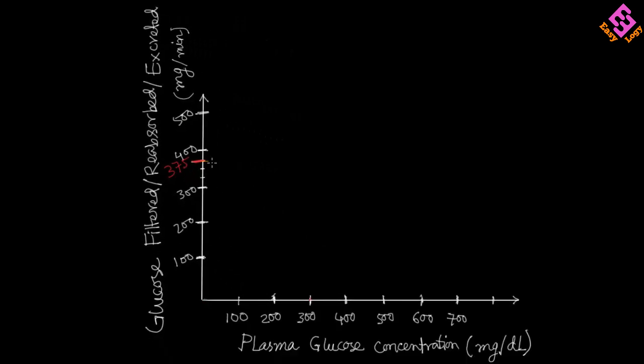Now, as you know that transport maximum of glucose is 375 milligram per minute, let's draw a horizontal line on that. So this is the TmG or transport maximum for glucose.